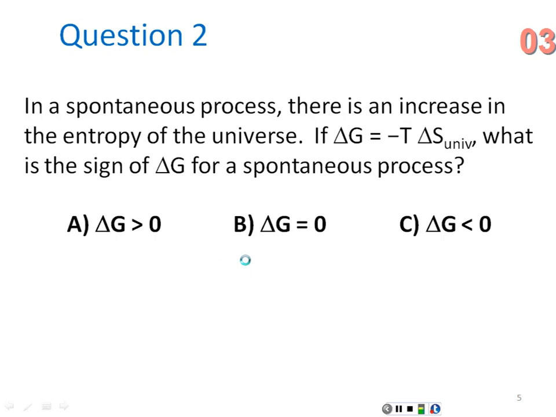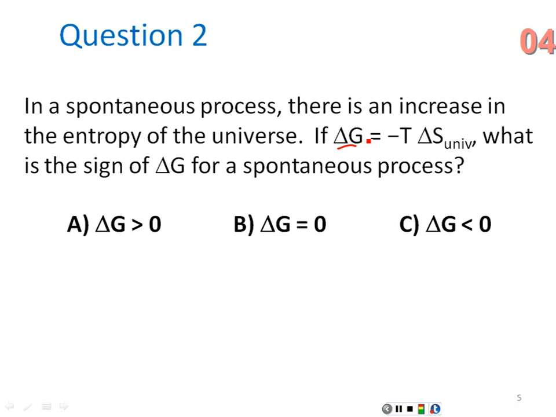All right, let's try a second question. In a spontaneous process, there's an increase in the entropy of the universe. We know that from the last couple lectures. So if we define this term delta G as minus T times delta S of the universe, what is the sign of delta G for a spontaneous process? And this is going to become important. So delta G is the free energy, the change in free energy.